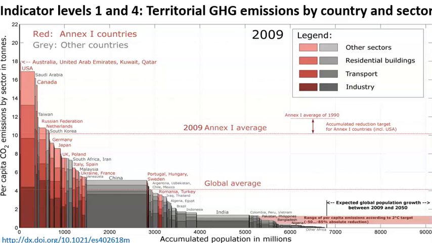So on the left side you have the high emitting countries, on the right side you have the low emitting countries, and the x-axis is the total population of each country, so that the area of each bar gives you the total greenhouse gas emissions. So here we capture 2 system levels at the same time. The y-axis is per capita, and the total area under the curve is the system level indicator that tells you what the national total is and how it relates to the climate target.